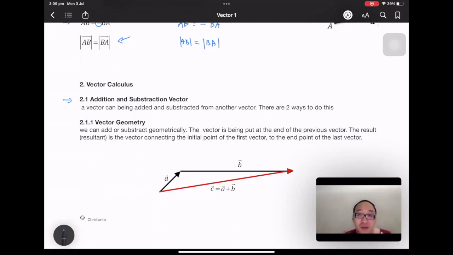How do we draw that? We have to put the vectors at the end of the previous vectors.